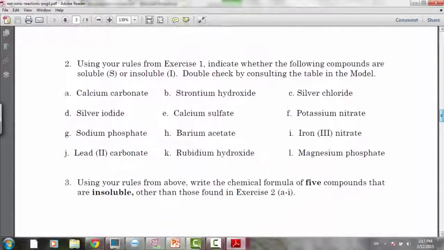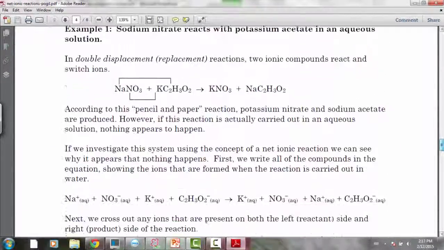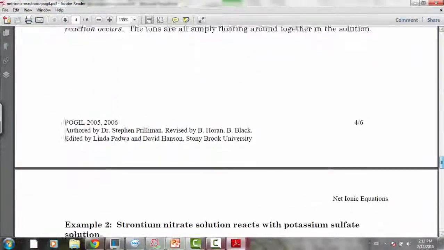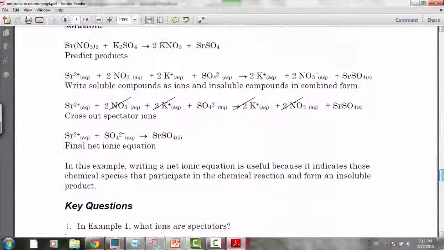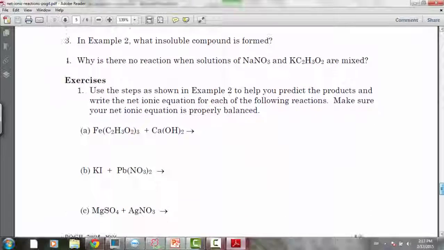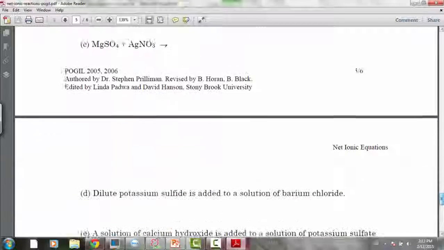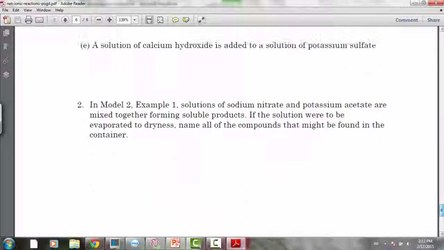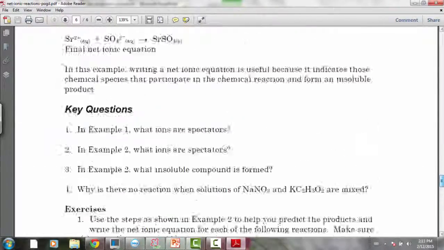Check it over, mark some things you have problems with, and then bring it to class tomorrow, prepared to dive into it and really get a good handle on what net ionic equations are.